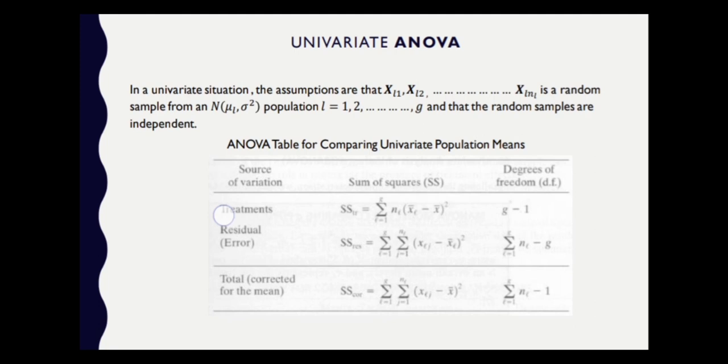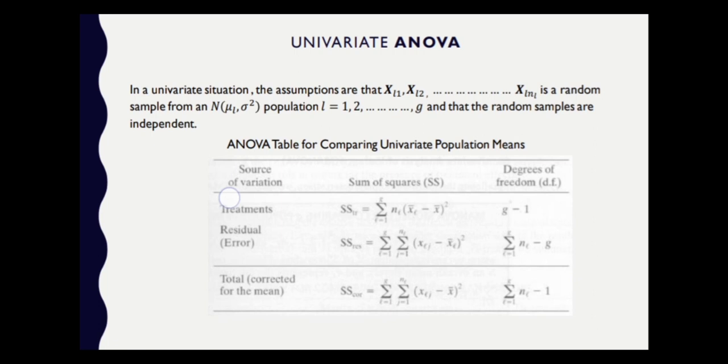Okay, so we have the notation of capital X L1 up to capital X L and L. L refers to the population and L refers to the sample size of the population, and we have the mean for every population. The notation is mu L. And then the second assumption is that all populations should have a common covariance matrix, big sigma.